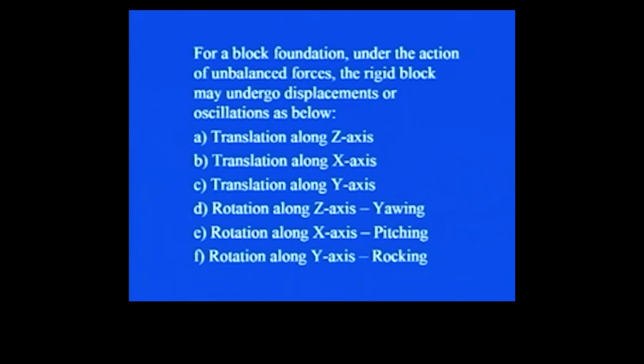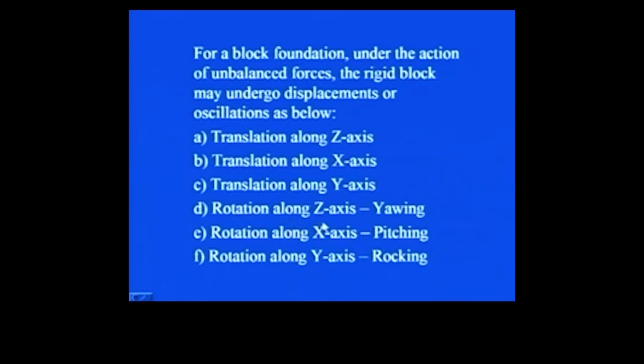So there can be translation along this z axis, which is the vertical axis. First I will be telling you about the vertical axis, because usually we are more concerned about the settlement of the foundation which occurs in the z direction. Then translation along x axis, translation along y axis, and similarly rotation about all these three axes.